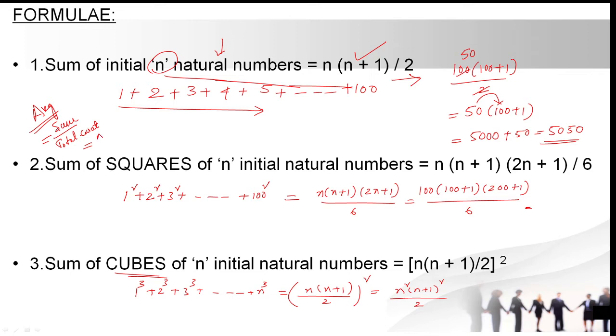To find the sum we have a formula, that is n into n plus 1 by 2, and the count is n. We can cancel n and n, then you will get n plus 1 by 2. See how these formulas will help us to find average related questions also. That's why I'm telling you, the sum related formulas and sum related questions are very important for competitive examinations. Maybe averages can be asked for the second series and the third series also.